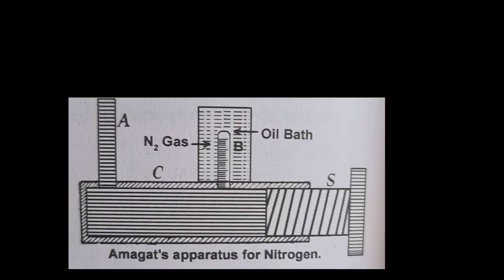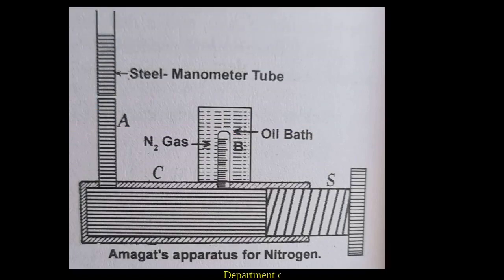So this is the circuit figure of Amagat's apparatus for nitrogen gas. This apparatus is set up at the bottom of a coal mine.